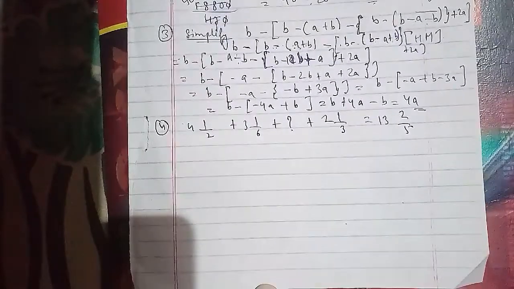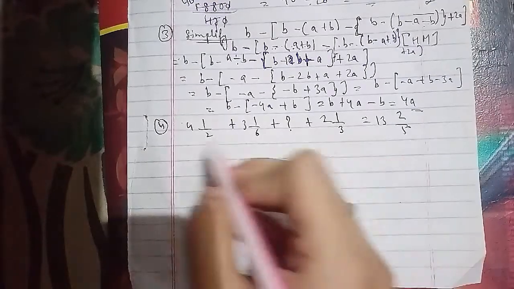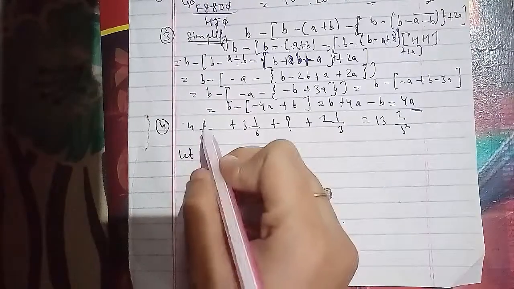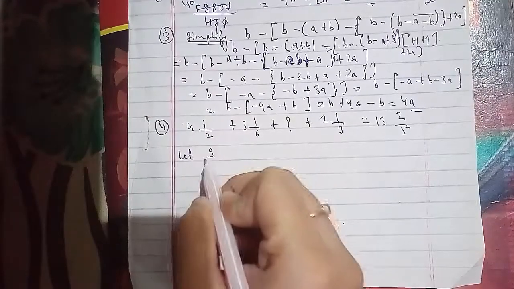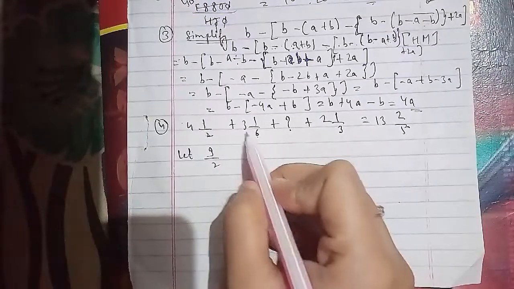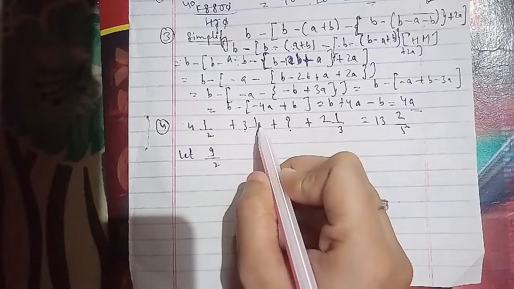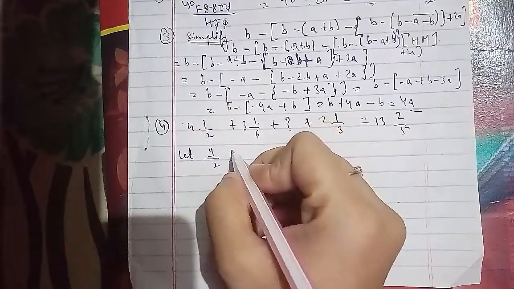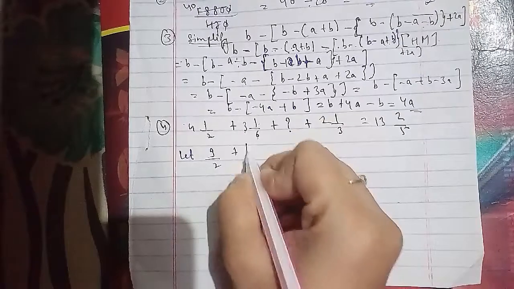Let the question mark be x here. 4 2s are 8 plus 1 is 9, that is 9/2. It is a mixed fraction, and we are converting it into an improper fraction. 6 3s are 18 plus 1 is 19, so that is 19 upon 6.